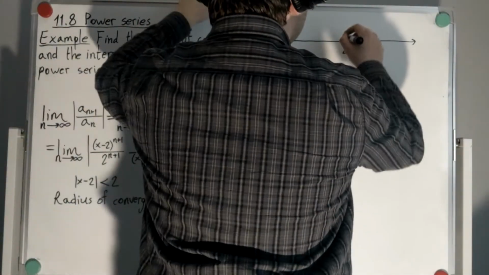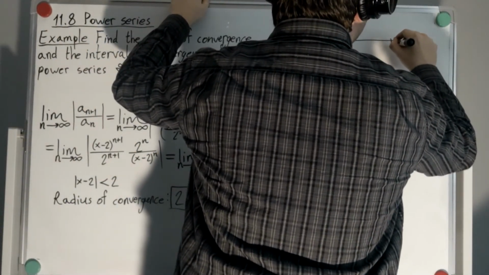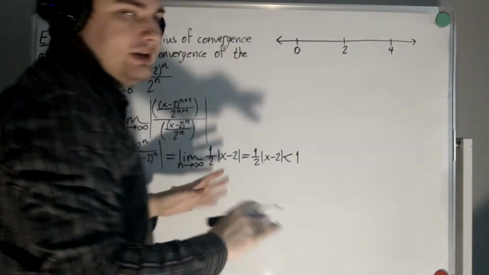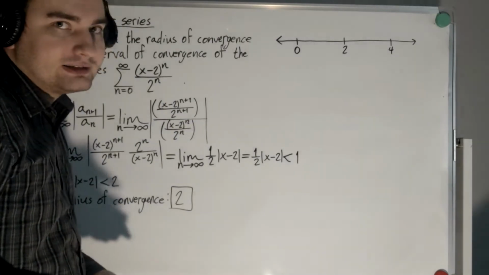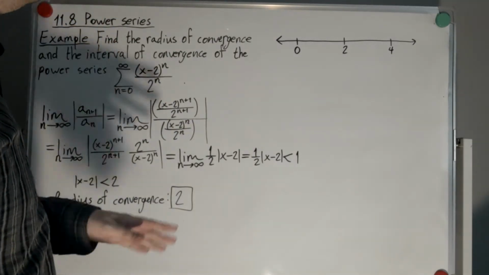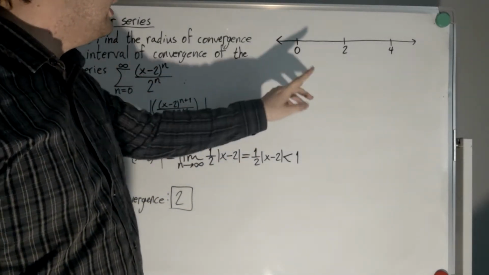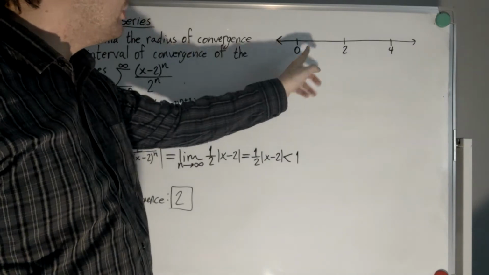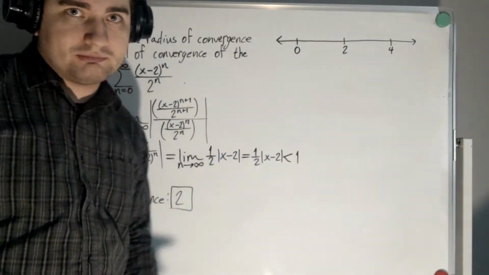So that means that we could go down to 0 or up to 4, but definitely not further than that. In fact, not even as far as those, because it has to be less than. Okay, so we're guaranteed absolute convergence as long as x is greater than 0 and less than 4. And that's just ratio test.